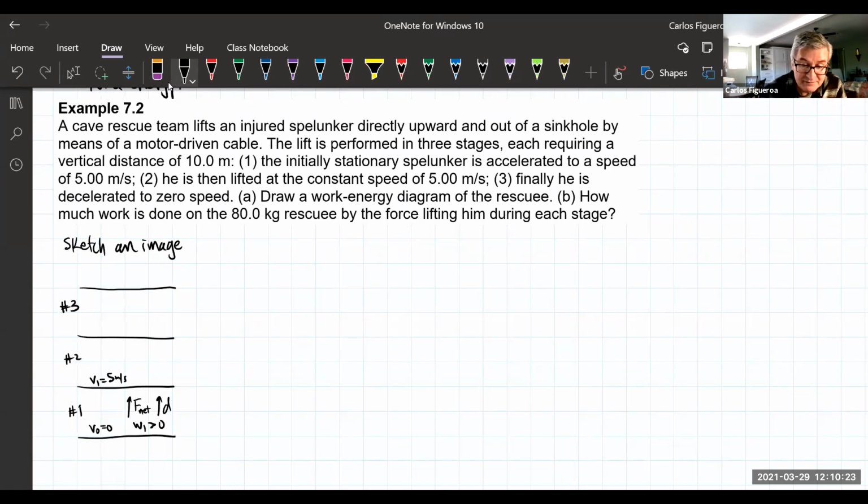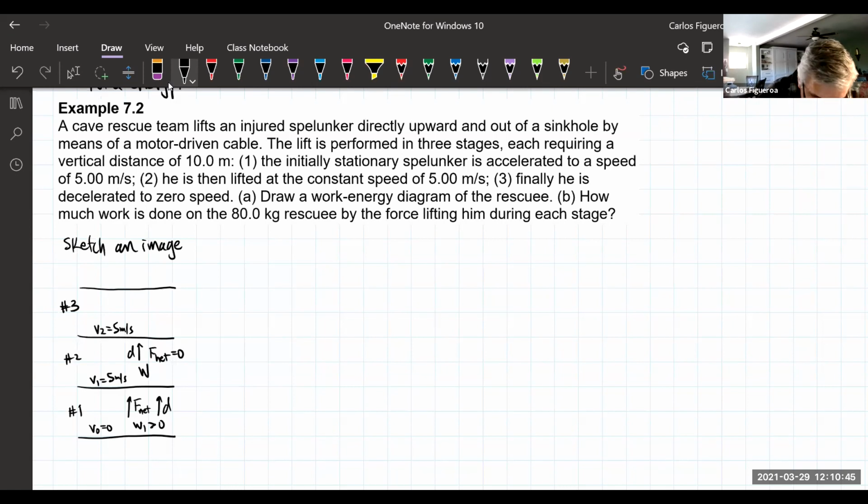And then what happens? You're still moving with the displacement going upwards, but this time the net force is 0 because you don't change the speed, because they're telling you that when you get up to here, it's still 5 meters a second.